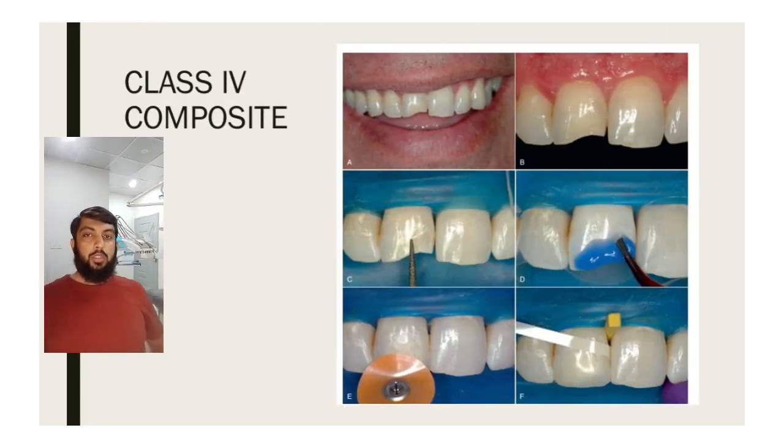The patient is showing you that the right upper central incisor has broken its incisal corner. The number 169L bur is used in step C for placing a large 45-degree bevel, 2 to 3 millimeters in size, on the mesial surface of that tooth. Then it is being etched.